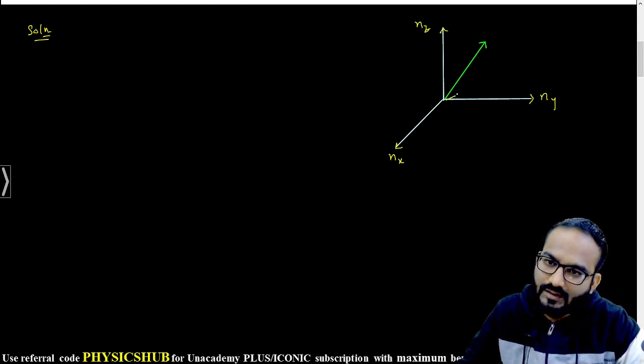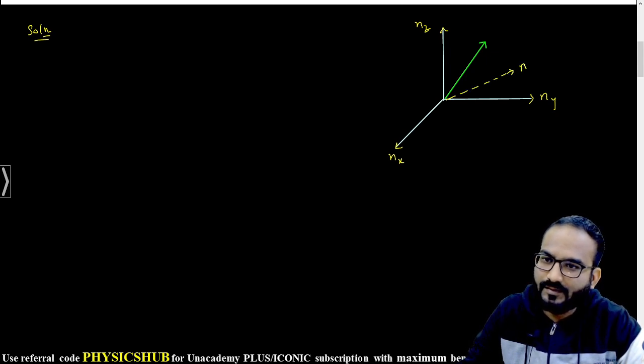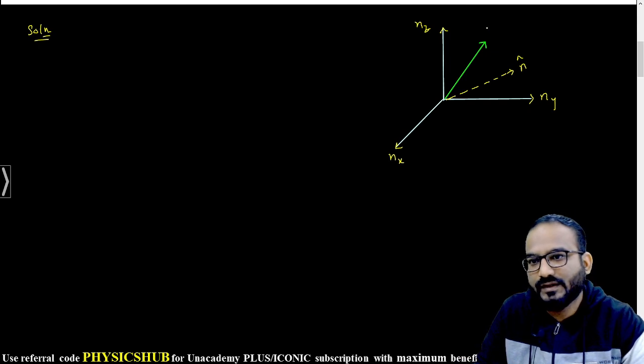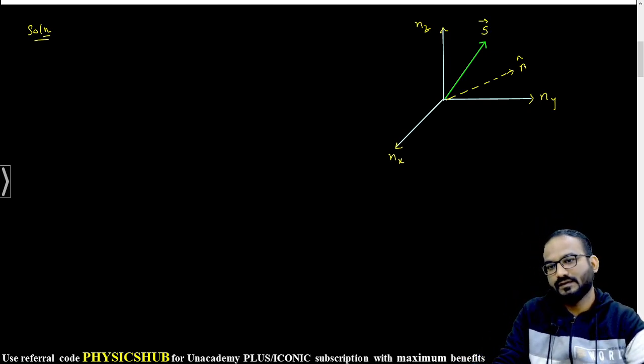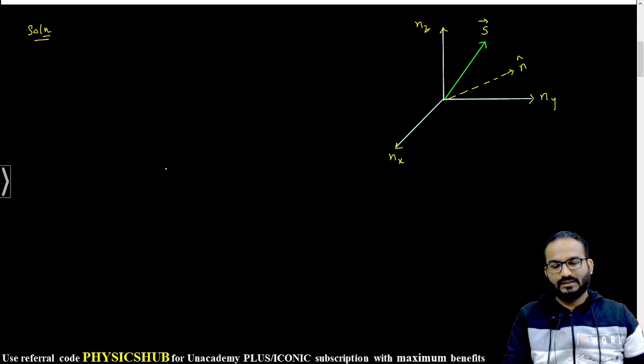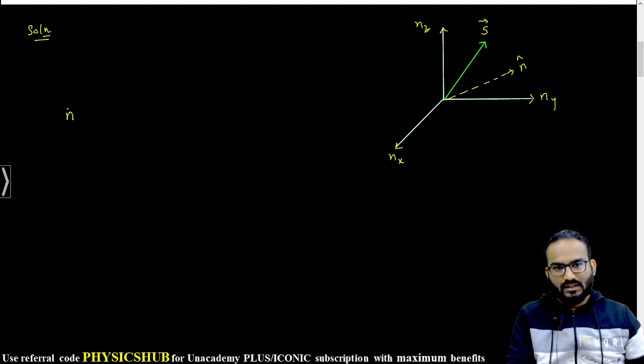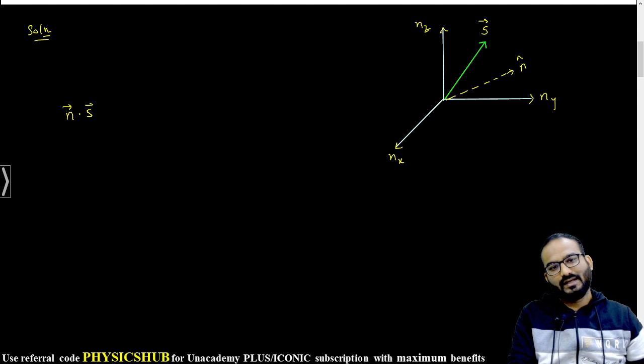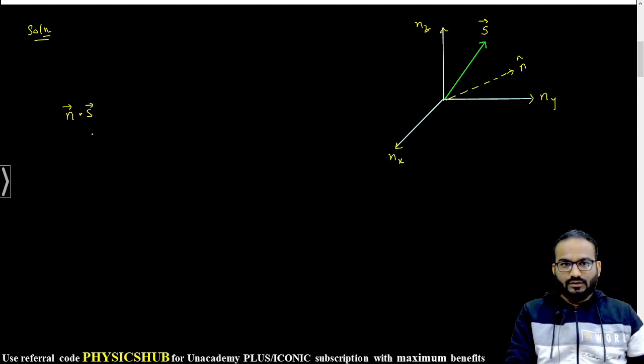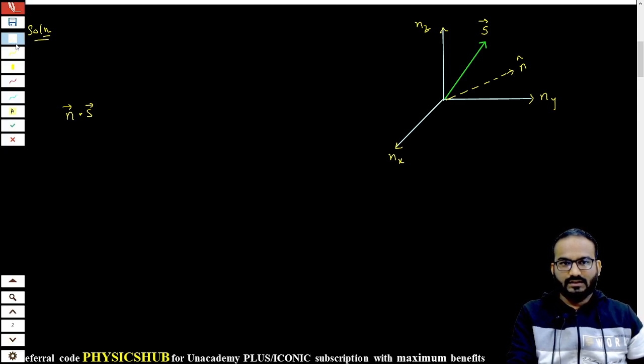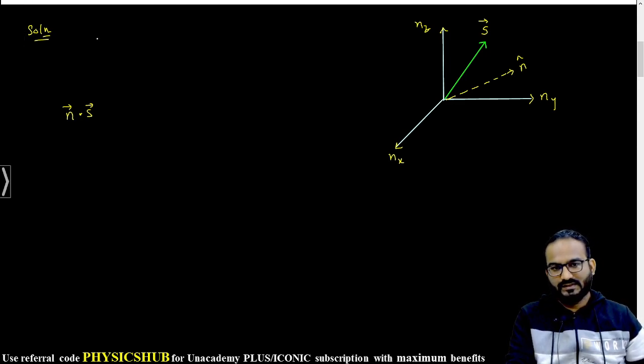This is the arbitrary direction, the arbitrary n cap, and the spin is s. So you have to calculate the component of the spin along this arbitrary direction. So basically n dot s or s dot n, they both are the same product. Before I calculate, let us know about this s.